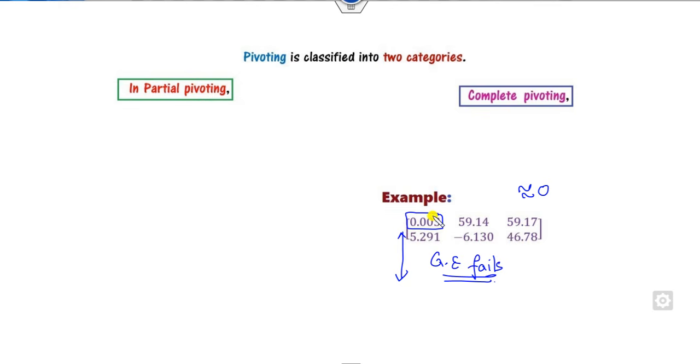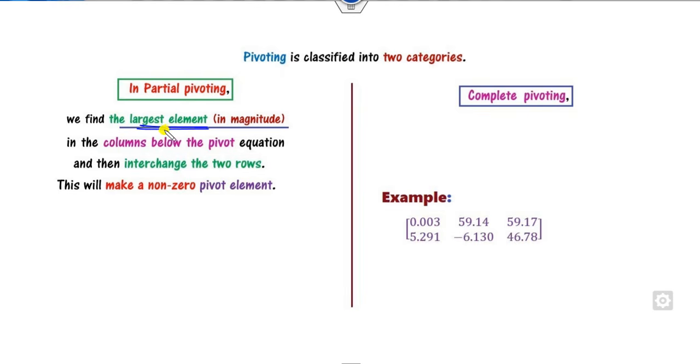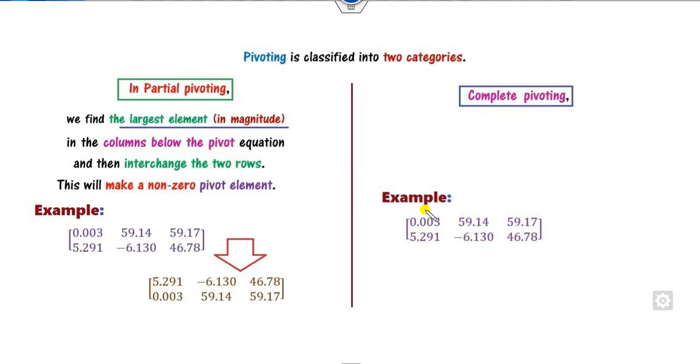Find the value which is maximum in magnitude. Look at this value minus 3, 4, 7. Look at all those values in this respective column. Find the maximum value in magnitude. So this is my maximum magnitude. Then I can interchange the row position of it.